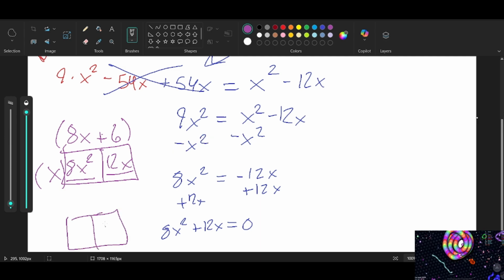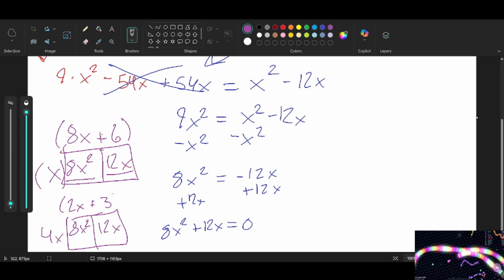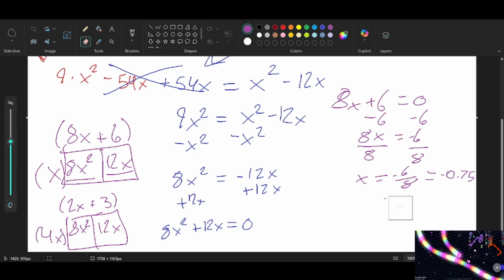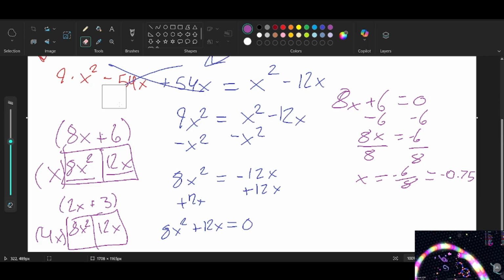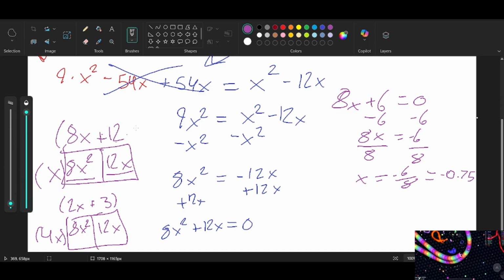If I pulled out a 4x, which I can do because 4x times 2x gives me 8x squared, and 4x times 3 gives me 12x, both of these are going to get me the same x values. I was getting ahead of myself. It's 8x plus 12.